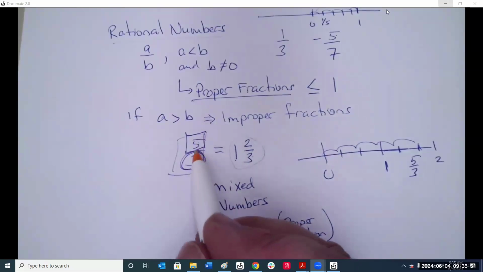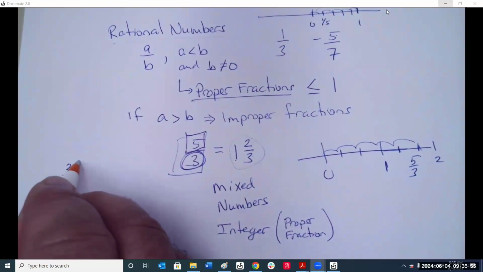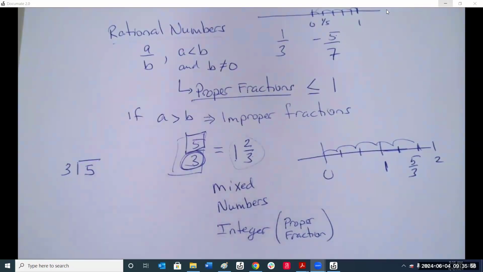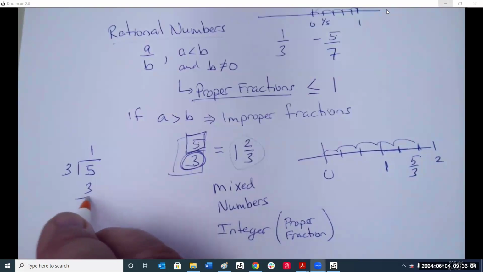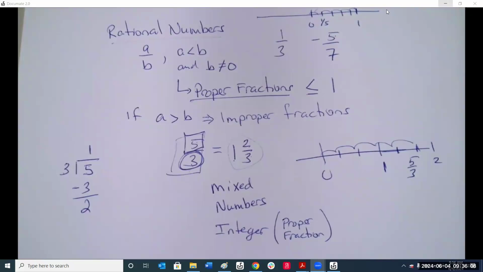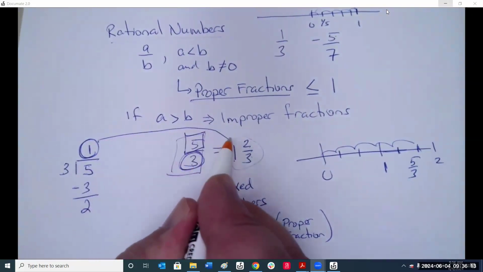So whenever you have an improper fraction, three goes into 5 once. 1 times 3. 5 minus 3 is 2. This number is your integer.